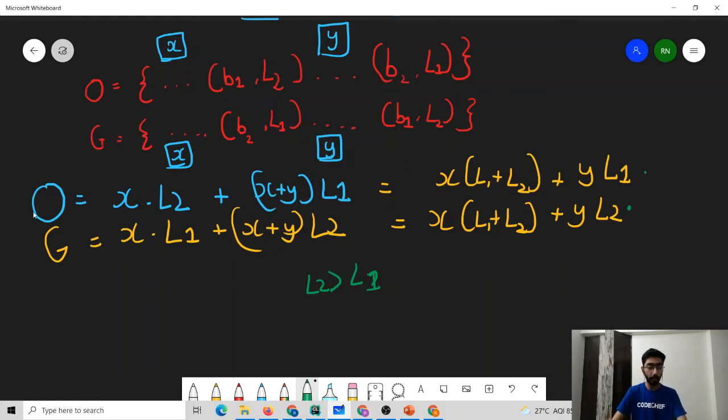In other words, by making this exchange, we made sure that the greedy solution has at least as good a value as the optimal solution. In other words, we have proved that in spite of making this greedy exchange, we are going to maintain the optimal property. That is, this greedy solution is our optimal solution.